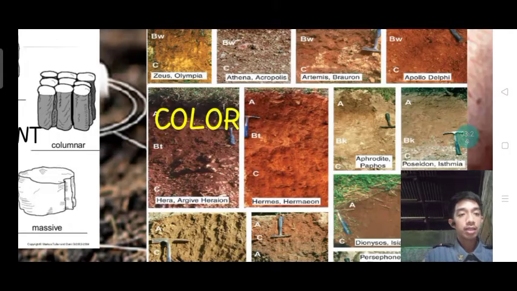Yung color naman natin, ito yung mga nag-i-indicate ng history ng soil, as well as yung compounds na present pa rin sa soil. And for example natin, yung white or gray soil could mean that the soil contains lime or has been leached.